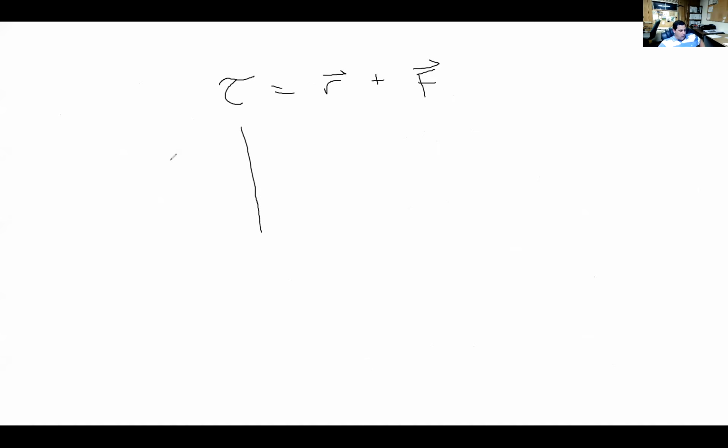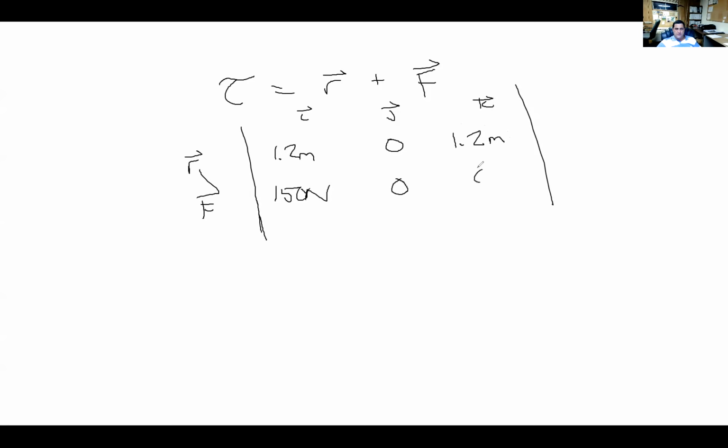And we're given R and F. So if this is my R and this is my F, and I have I, J, and K, I have 1.2 meters in the I. I have 0 meters in the J, and I have positive 1.2 meters in the K. And then the force was given to us as just 150 newtons in the I, but 0 in the J and 0 in the K.